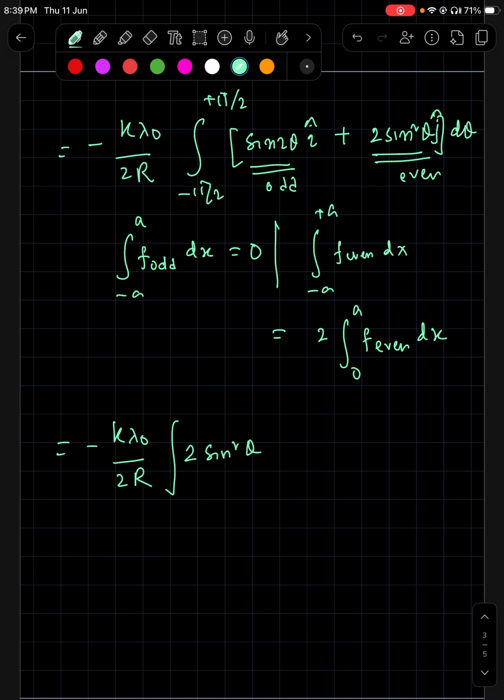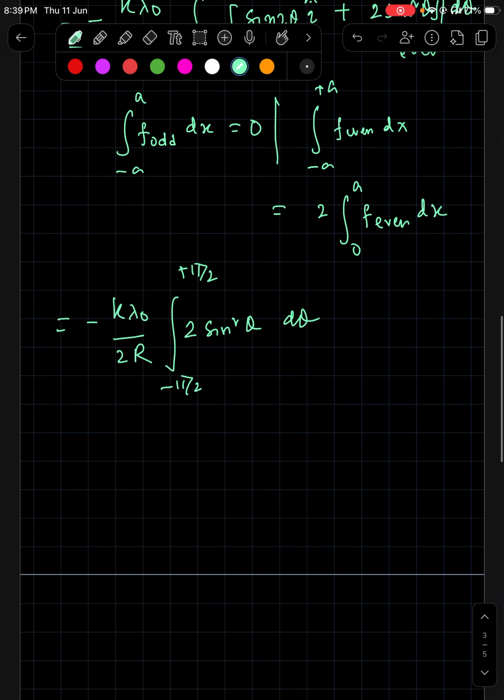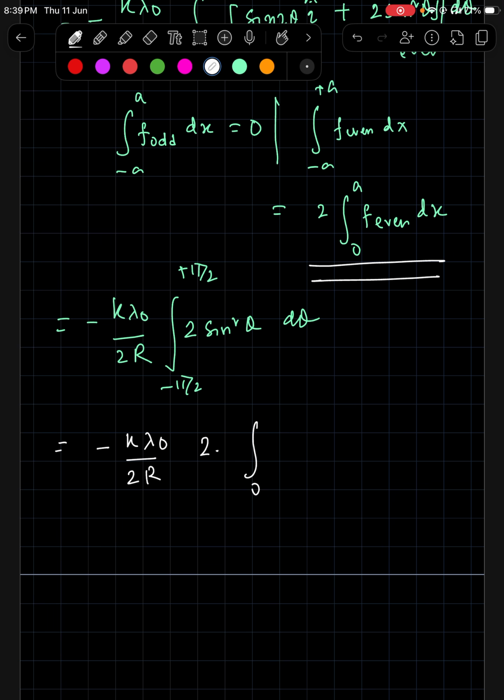I'm going to change the limit to 0 to pi by 2, 2 sin square theta. This is it. So one 2 cancels out.